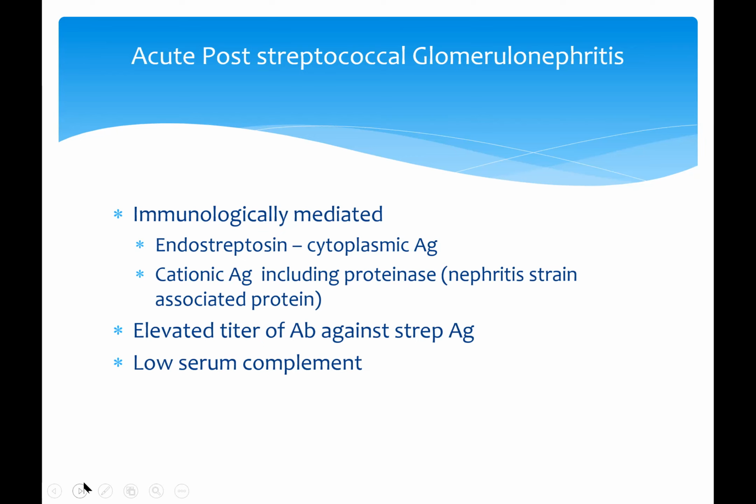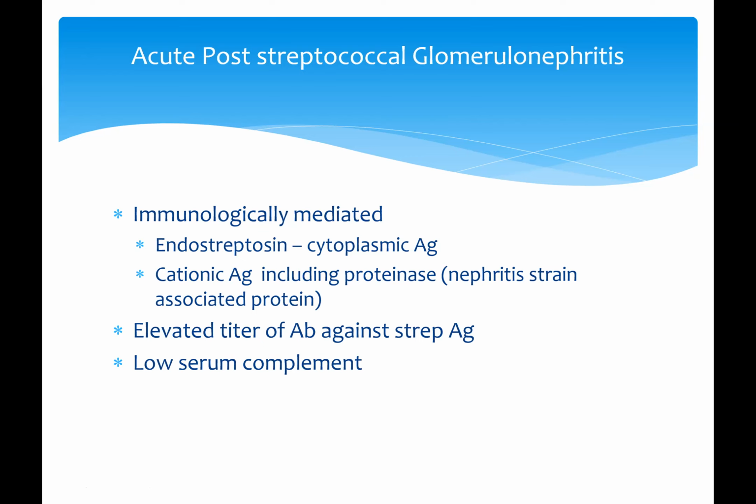So do not forget hematuria, hypertension, azotemia, proteinuria. Age group is 6 to 10 years old. Now, what do you expect? It is caused by immune complexes containing streptococcal antigens and specific antibodies. Only certain strains of group A beta hemolytic strep are nephritogenic.